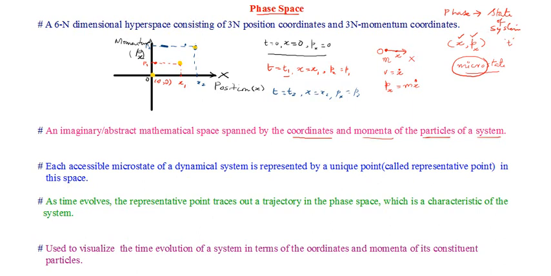So you can just see here that for a single particle moving along one dimension, the phase space is 2-dimensional. I repeat, for a single particle, be very careful, for a single particle, means we are considering only one mass.